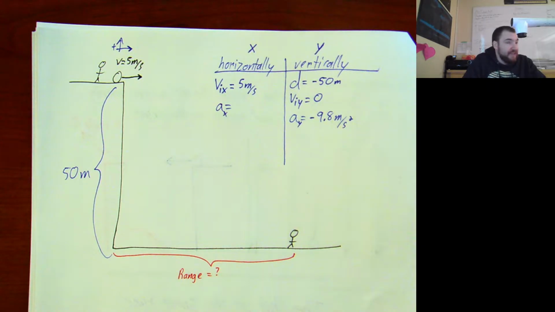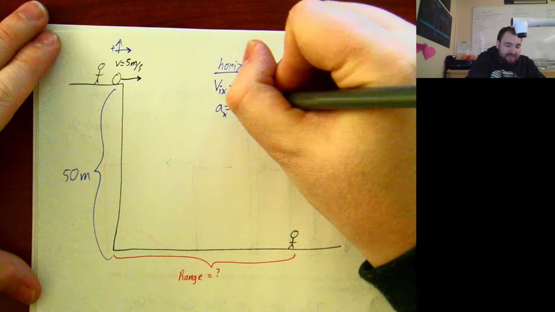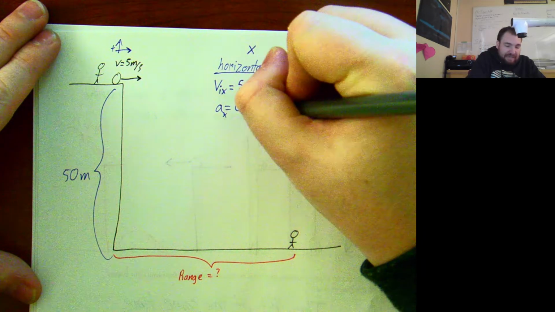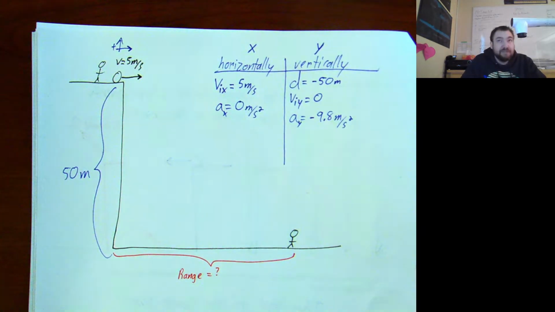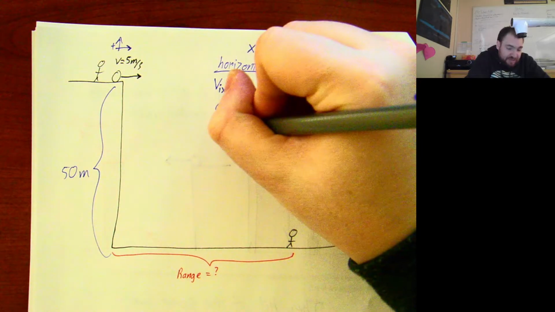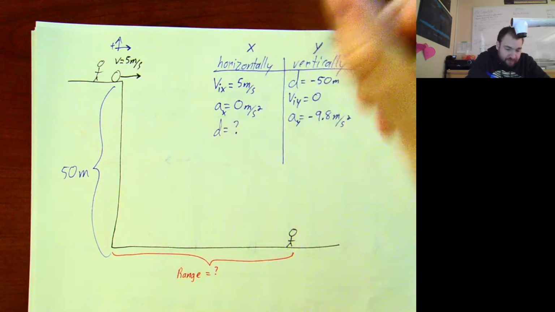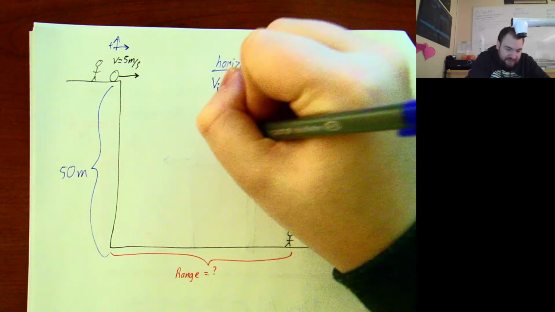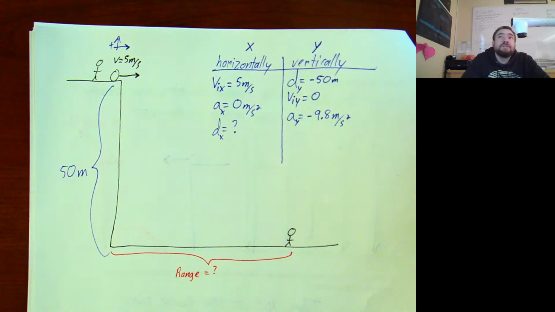Does my object accelerate horizontally? No. After it's been kicked, it doesn't accelerate horizontally. So my acceleration in that plane is going to be 0. There's two more things we could write here. We want to know what the range is, so we've got to talk about d. The distance, so that's y. D in the x direction is what we're looking for.